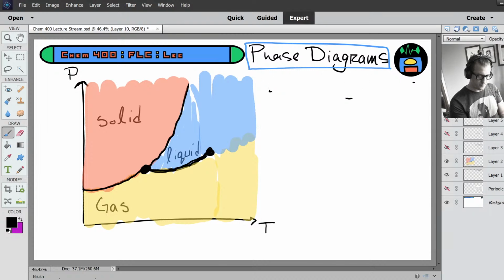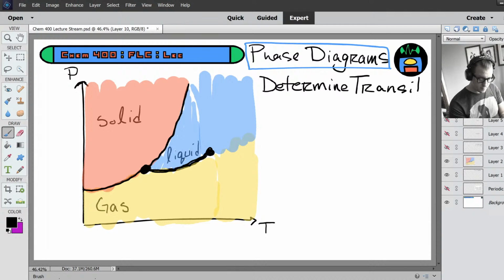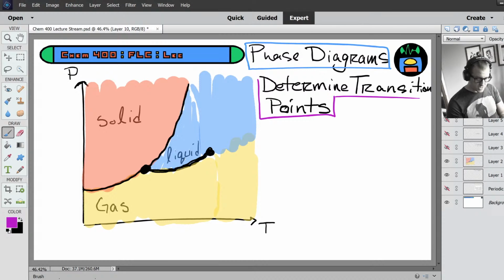Or I should say, you can determine transition points using your phase diagram. All right, and here's how.